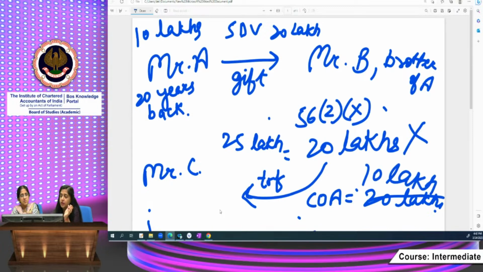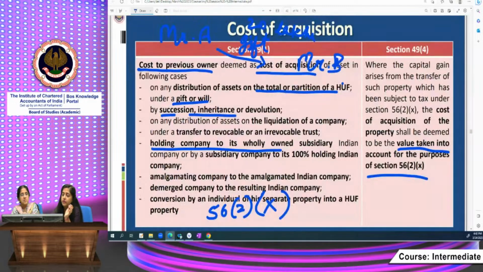So what is the difference between the two? What is the difference between 49(4) and 49(1)? It means if the income is chargeable to tax in the hands of a transferee at that point of time under section 56(2)(x), then the value which we have considered for 56(2)(x) purpose will be the cost of acquisition for the transferee in the case of subsequent transfer.